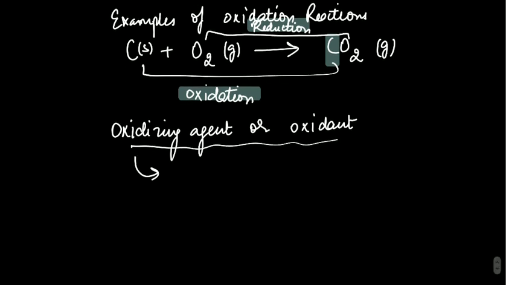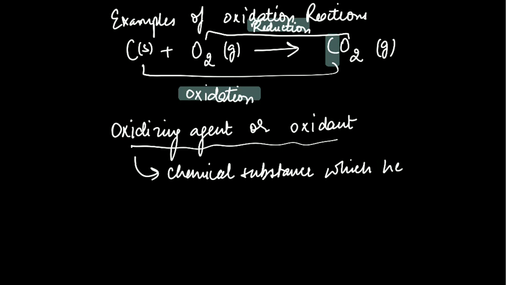So I always define it like this. An oxidizing agent is a chemical substance which helps in oxidation. That's why the name oxidizing agent.